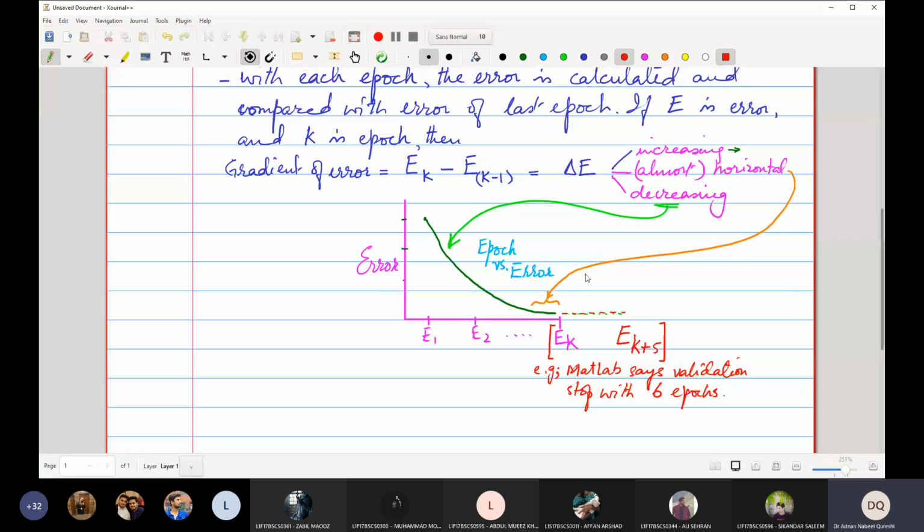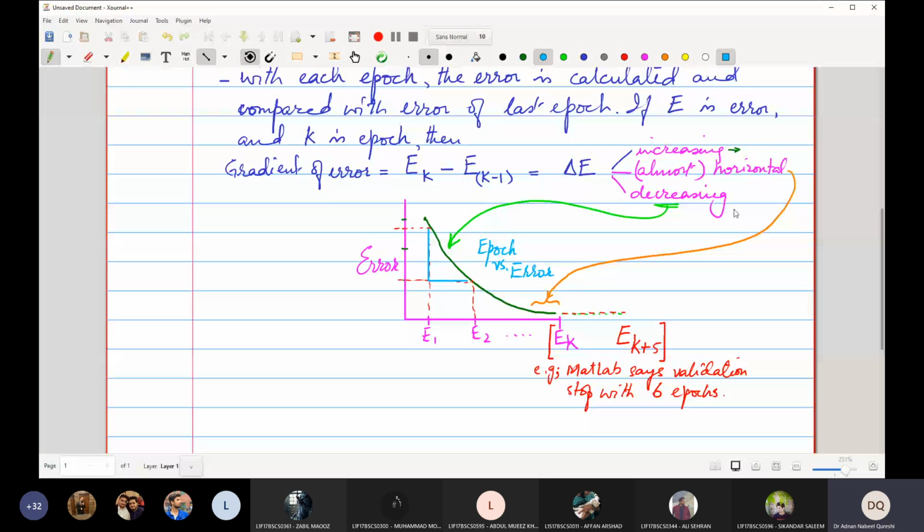So what we do is that for every epoch, we have to compare it with the previous one and calculate the gradient. Now if we make this a right angle triangle, you will see that this is the rise and this is the run, and the hypotenuse will be the slope of the gradient.